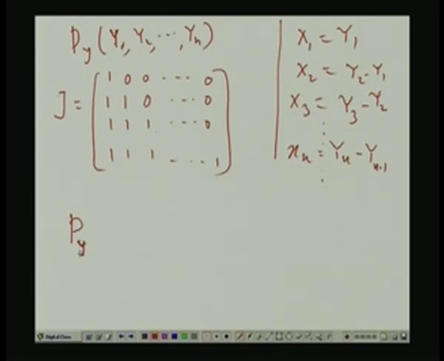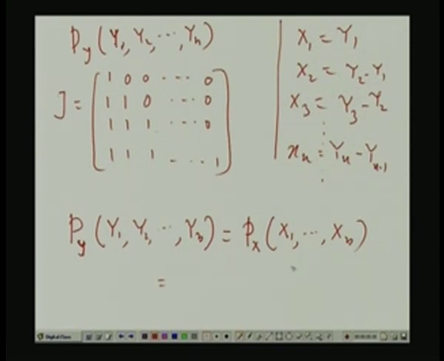You can easily see that it will be nothing but p_X at this choice x1 up to xn, divided by the determinant, which is 1. We are given the fact that the random variables x1 up to xn are independent.